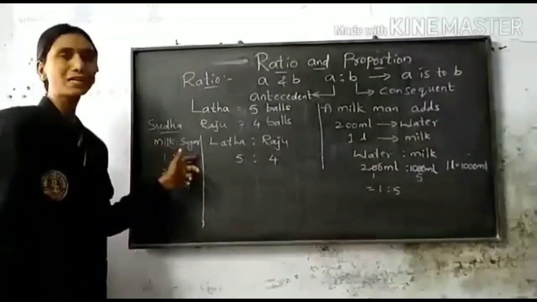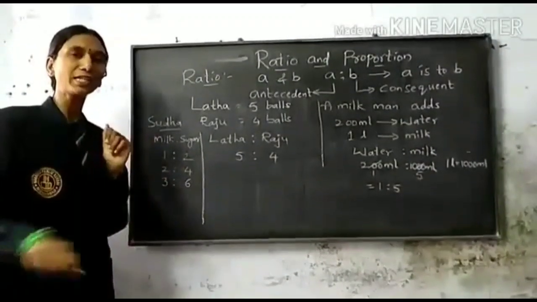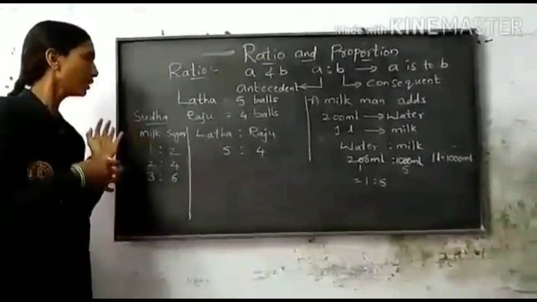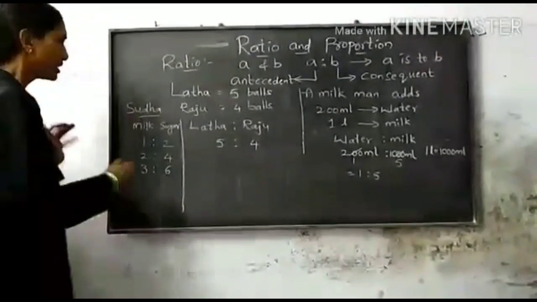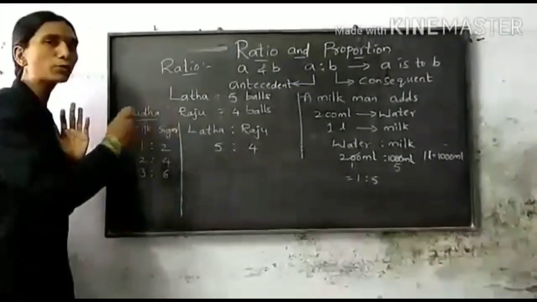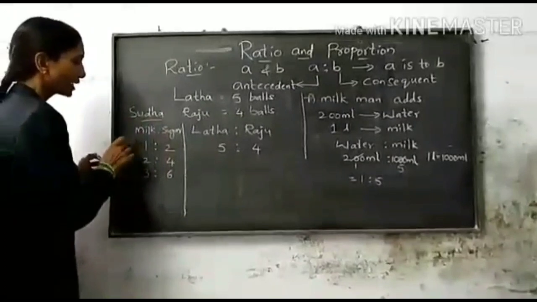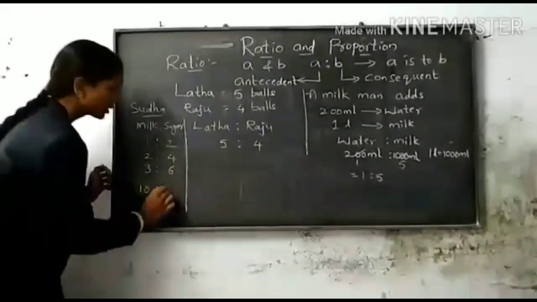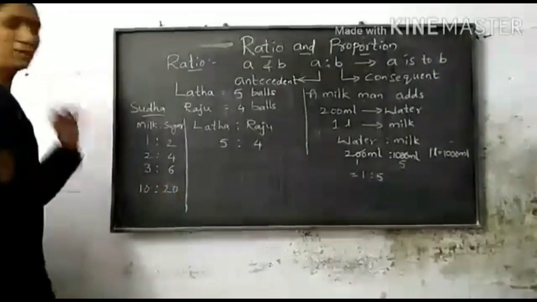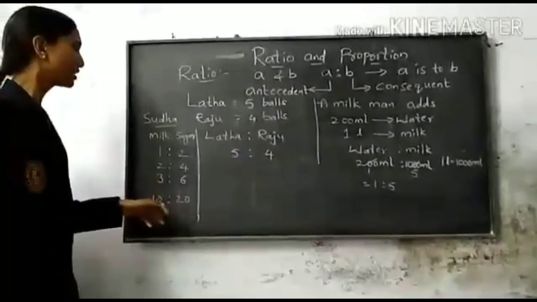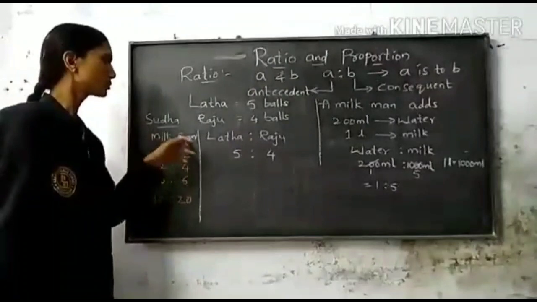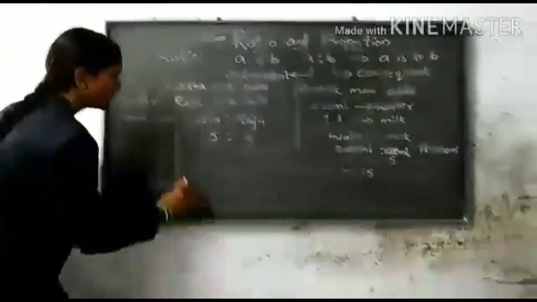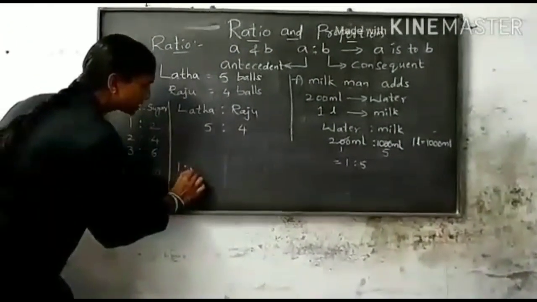So this is constant. Can you find how much sugar she will add for 10 persons? We have to multiply both sides by 10. 10 ones are 10 and 10 twos are 20. So for 10 members she will take 10 cups of milk and 20 spoons of sugar. Then here 1:2 is constant.